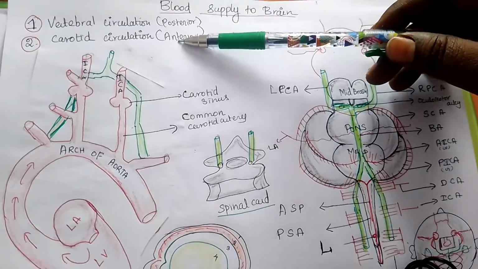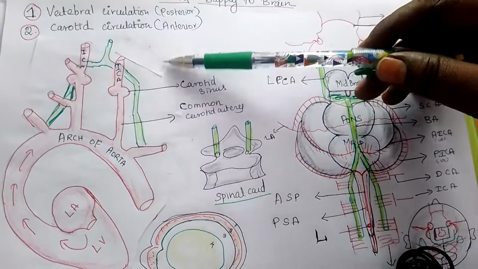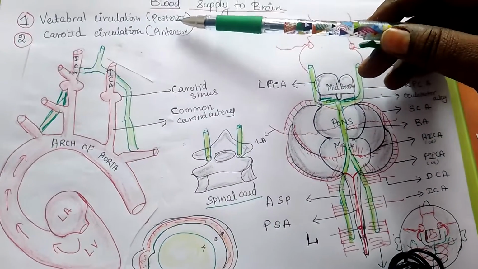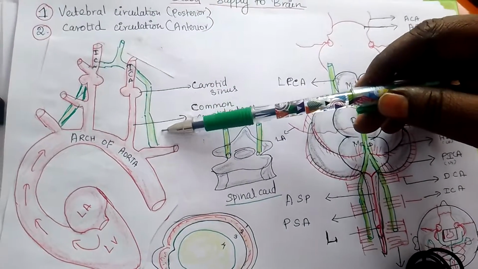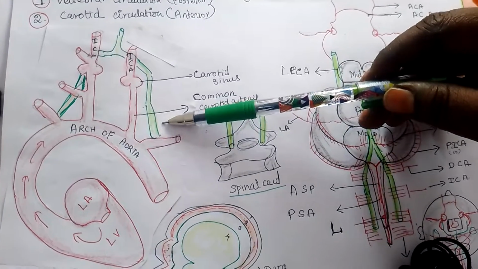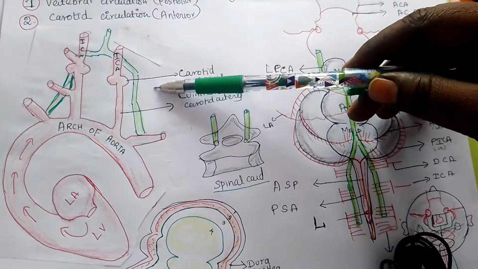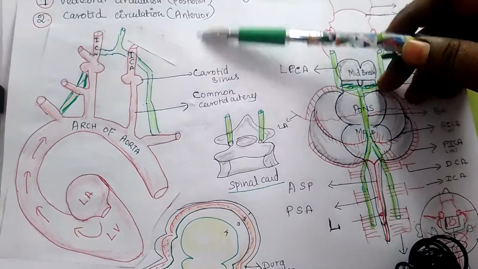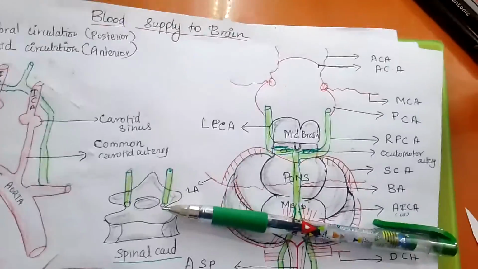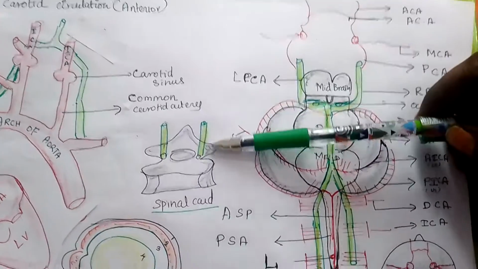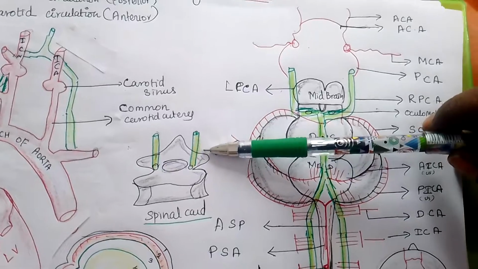So this is the carotid circulation, which is present anteriorly, mainly by the internal carotid artery, and then posteriorly by the vertebral artery. The vertebral artery takes its origin from the subclavian artery, moving medially and laterally to the posterior side, entering into the foramina and reaching the foramen magnum.